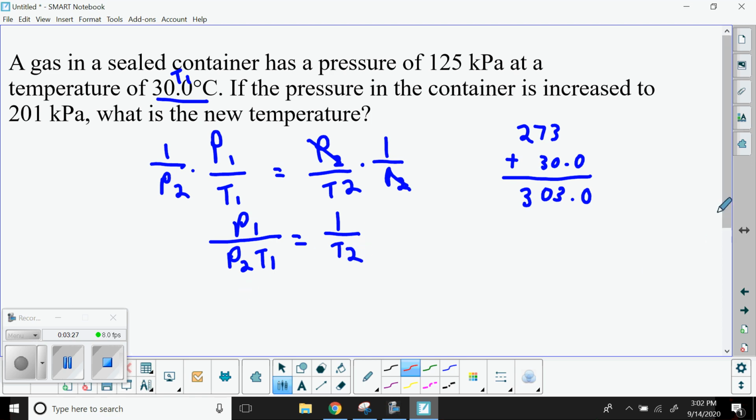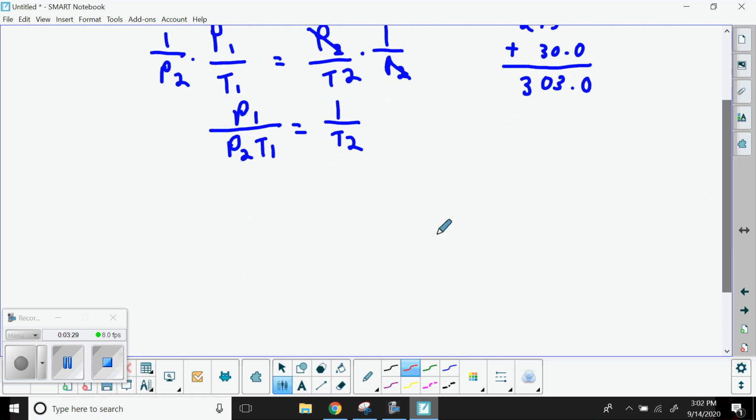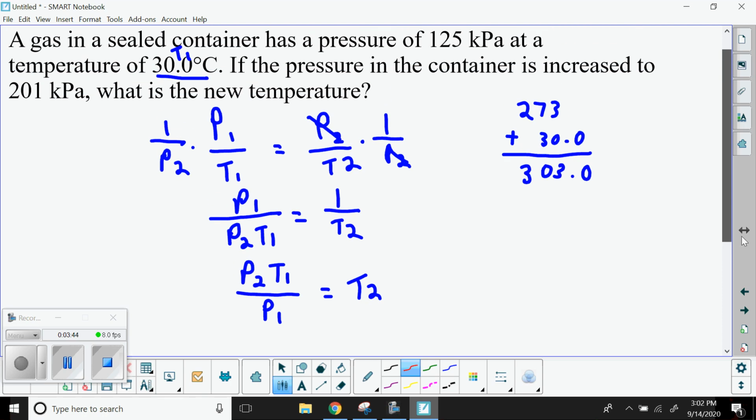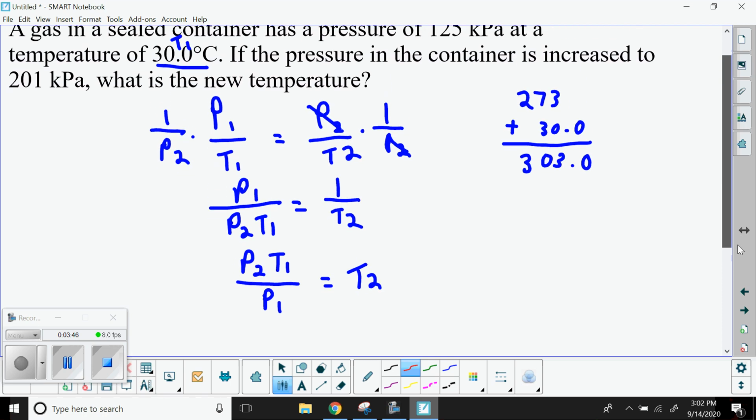And then I can take the reciprocal of both sides, since there's only one expression on both sides. P2 T1 divided by P1 equals T2. There's probably other methods to isolate T2, but that's the one I prefer. There's no right answer to that, however.